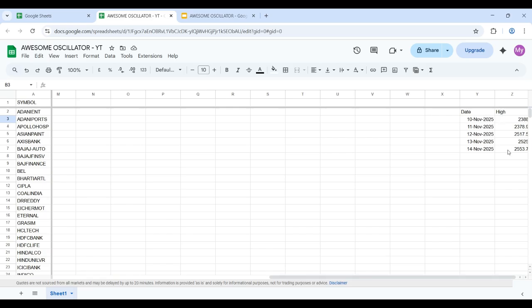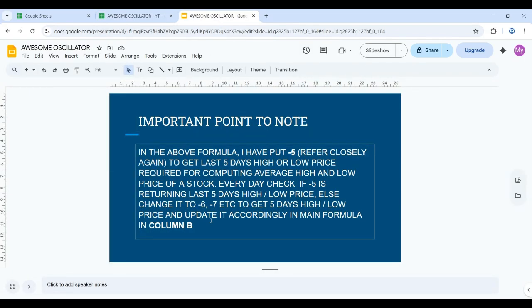Okay, so sometimes if there are any festival holidays in between, minus 5 will throw only 4 days. In that case, we need to change it to -6 or -7 to get the 5 days.